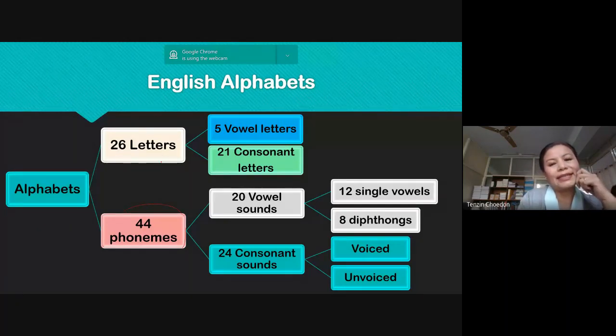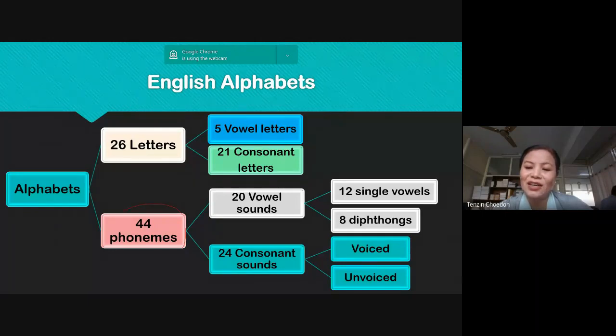That's why there are 26 letters, vowel letters and consonant letters. Apart from the phonemes, 20 vowel sounds and 24 consonant sounds, we have discussed voiced and unvoiced as well. Here, consonant letters are not grouped as voiced and unvoiced because these are just letters, we are not talking about the sound they make. So far, is it clear?